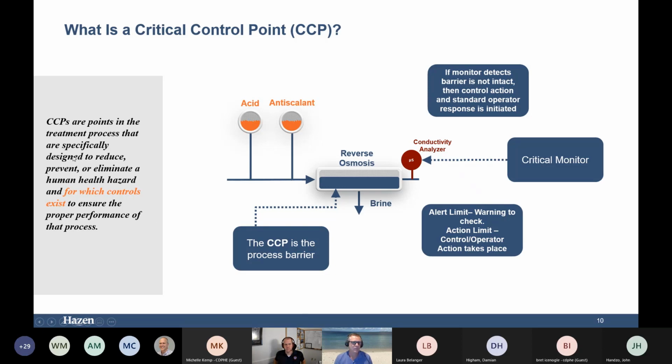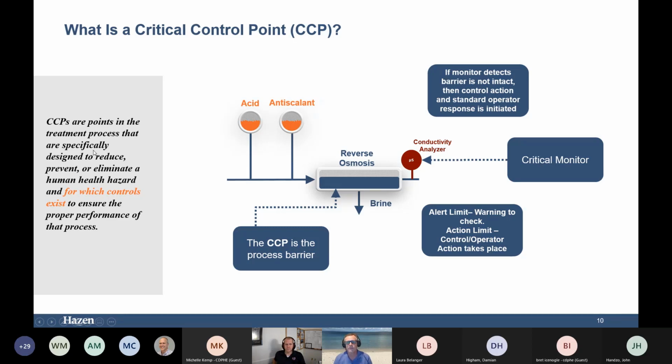I don't like reading words from slides very often, but it's worth going through this definition here so that we have some clear understanding of how this is usually applied. Those control points are the points in the treatment process that are specifically designed to reduce, prevent, or eliminate a human health hazard, and for which controls exist to ensure the proper performance of that process.